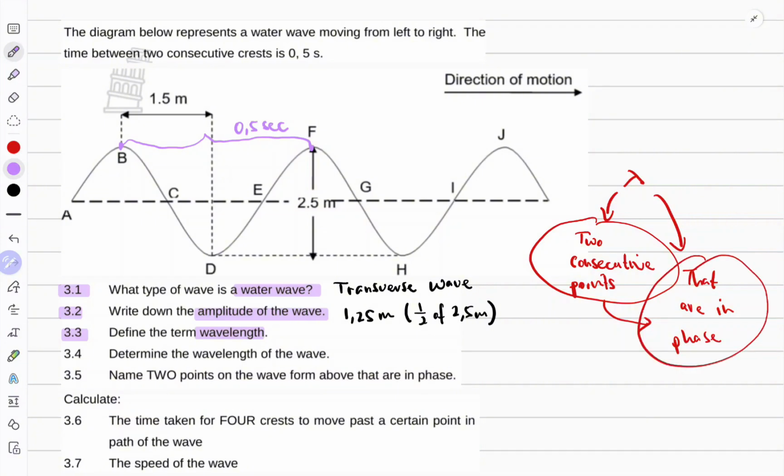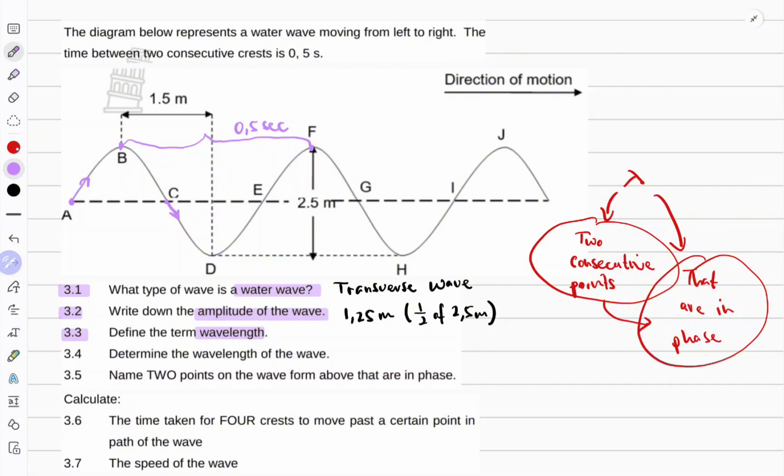So let's look for two consecutive points that are in phase. If you take A and C, you can see both of these points are on the equilibrium, but A leads to an upward disturbance in the wave, and C leads to a downward disturbance in the wave.